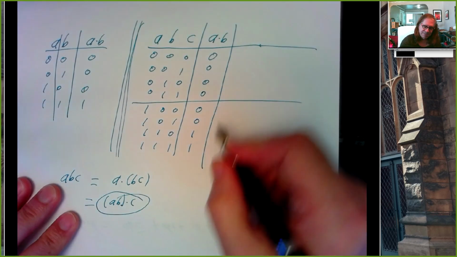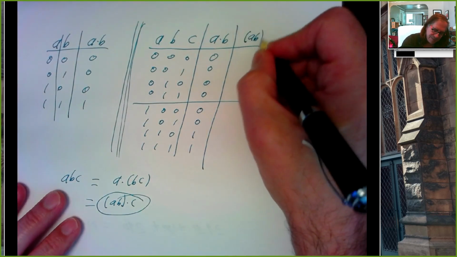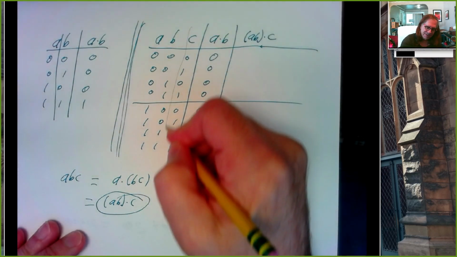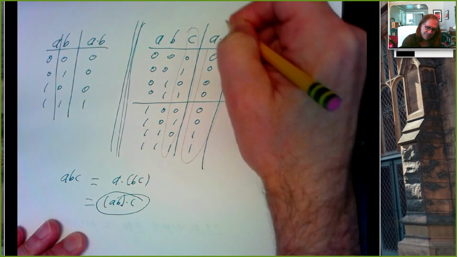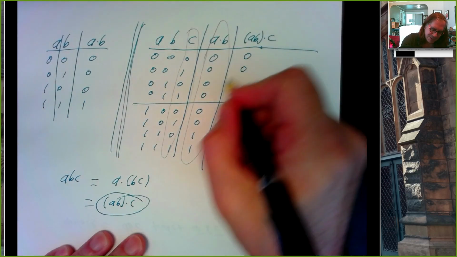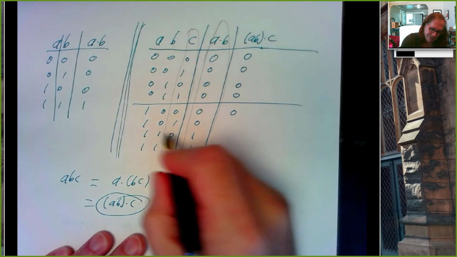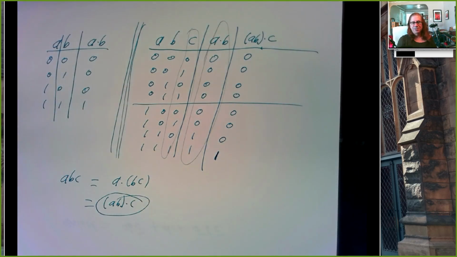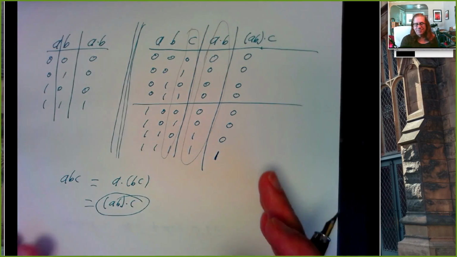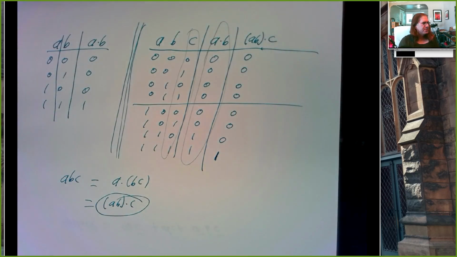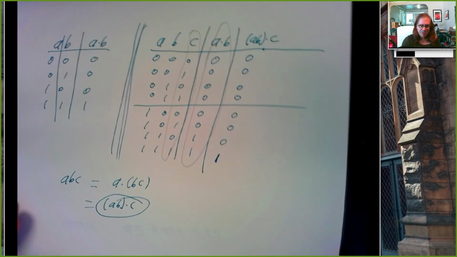And now I can make a column for AB ANDed with C. I'm just going to take the AND of this column and that column. It's 0 everywhere, but in this last spot, 1 and 1 AND together to a 1. So this is what we would think an AND of 3 variables would do. It would be zeros everywhere except when all 3 inputs are 1. That's a justification for why that's the case.